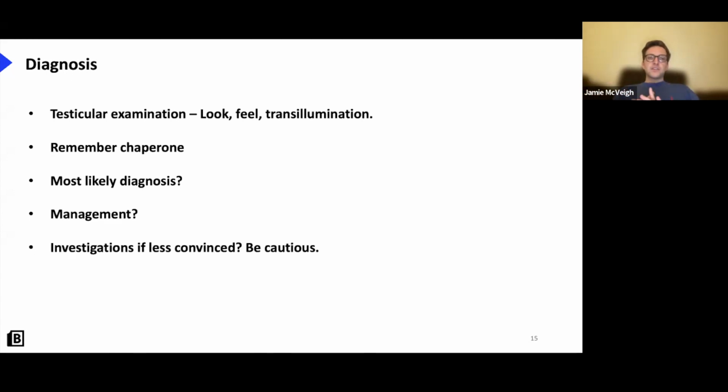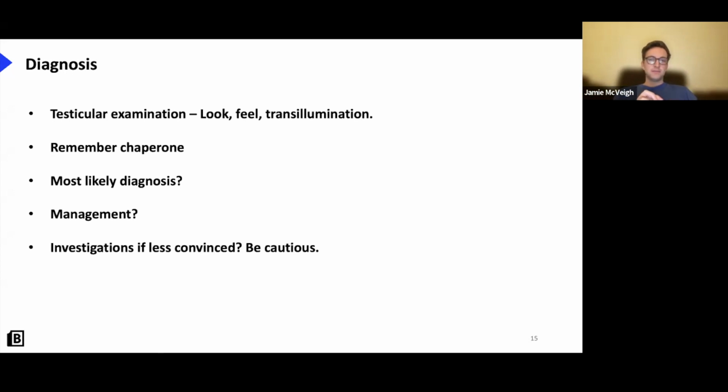So investigations. Say this is a dull ache and the history is not quite perfect for a torsion, and you're a bit cautious and you've got a bit of time to play with. They've come in straight away. What investigation could we do for this patient rather than taking them straight to theatre? Yeah, excellent, ultrasound. And what are we looking for in an ultrasound? Does anyone know?